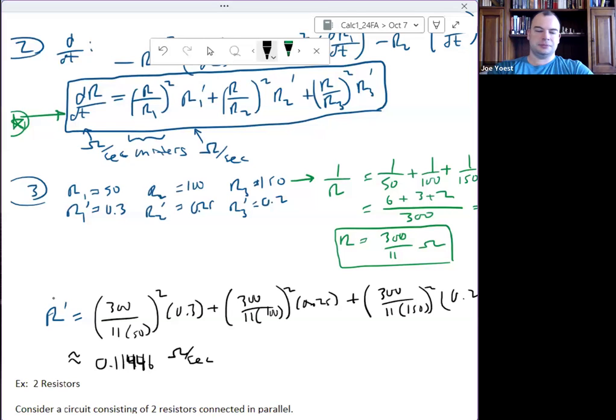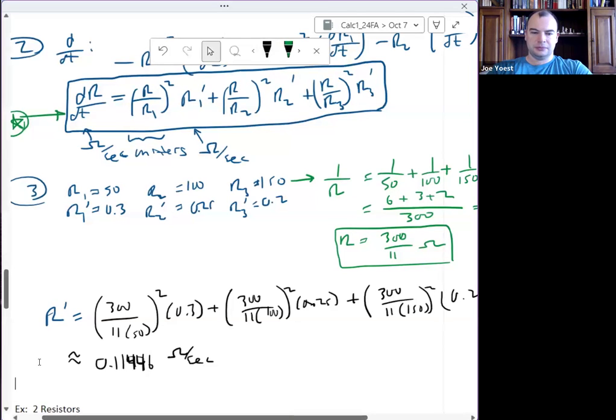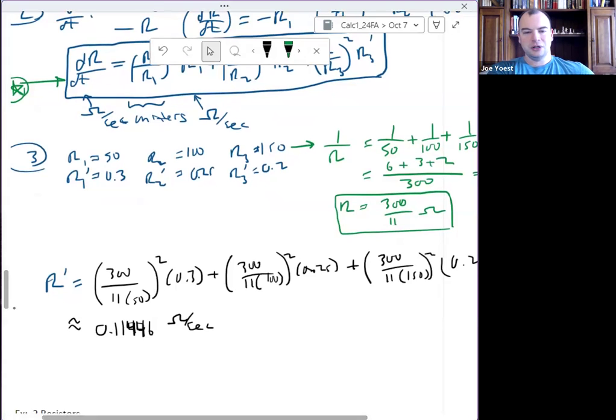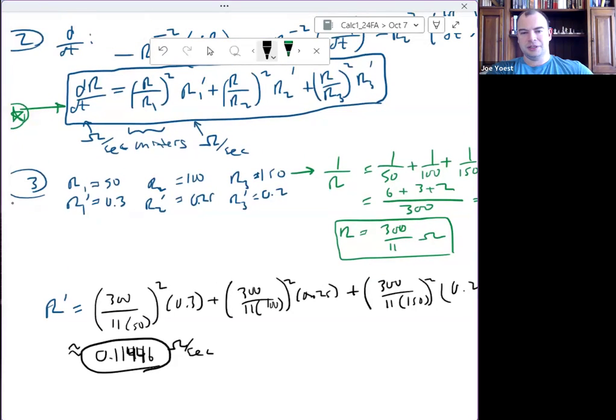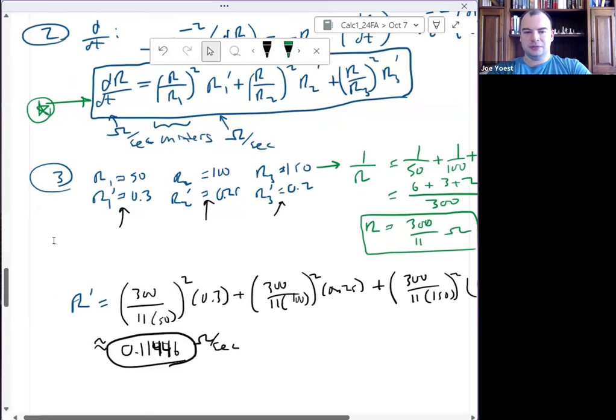Ohms per second. So the overall resistance is increasing at about 0.1 ohms per second when each of the individual resistances is increasing at these rates and at the point in time when those three resistances are 50, 100, and 150 ohms. Any questions on that?